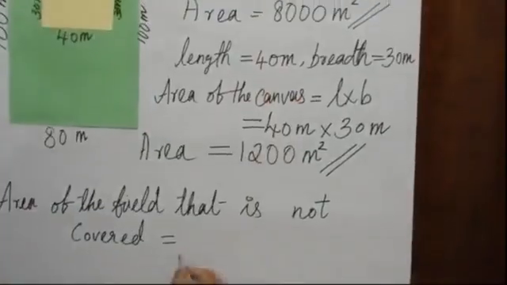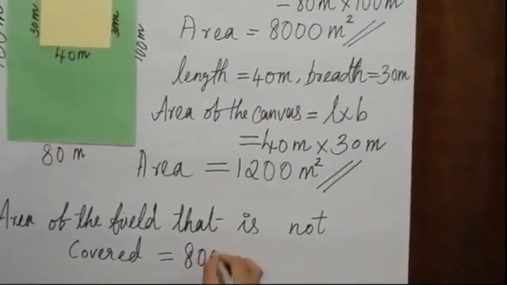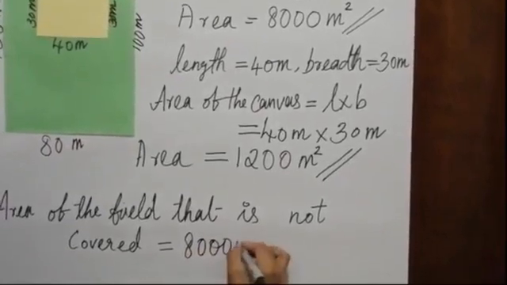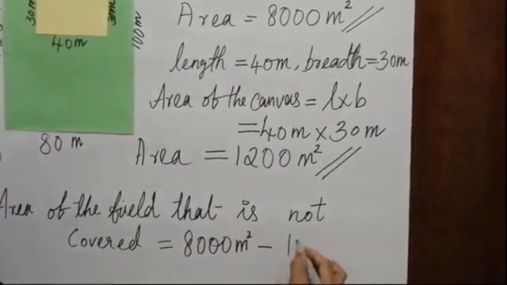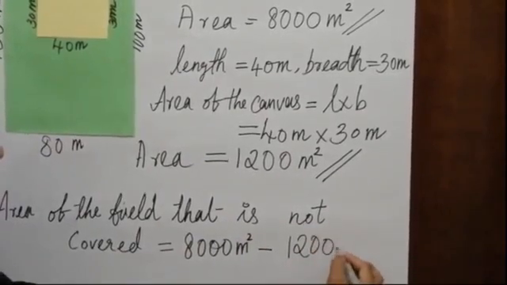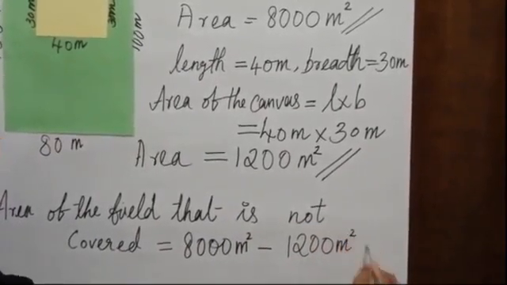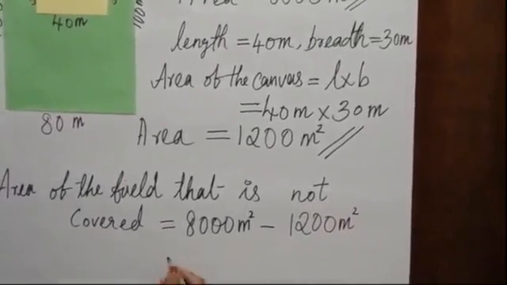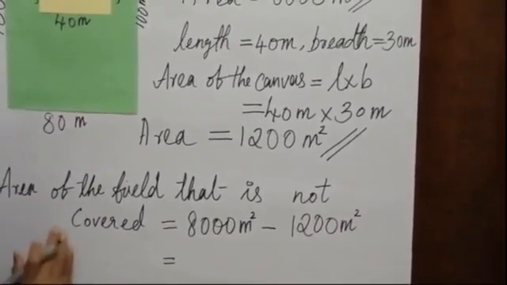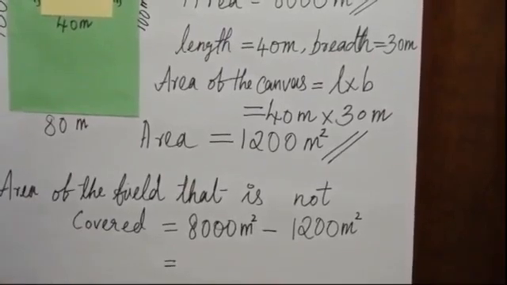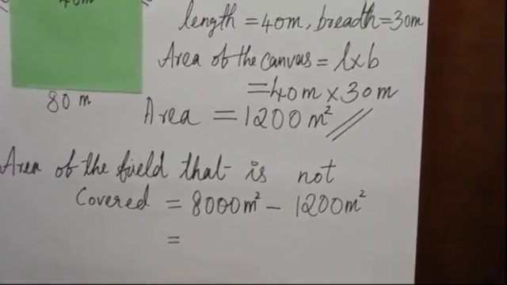That means 8,000 square meter subtract 1,200. Okay. Now, while subtracting this one, you can subtract as in the right side or left side. You have to find out the working area to do the subtraction.